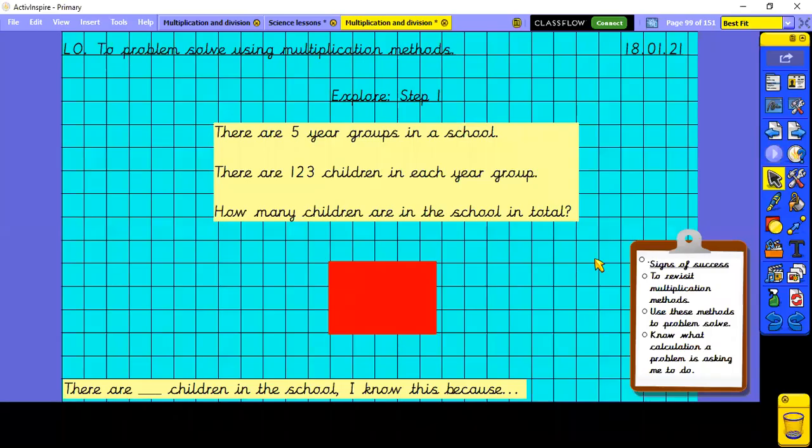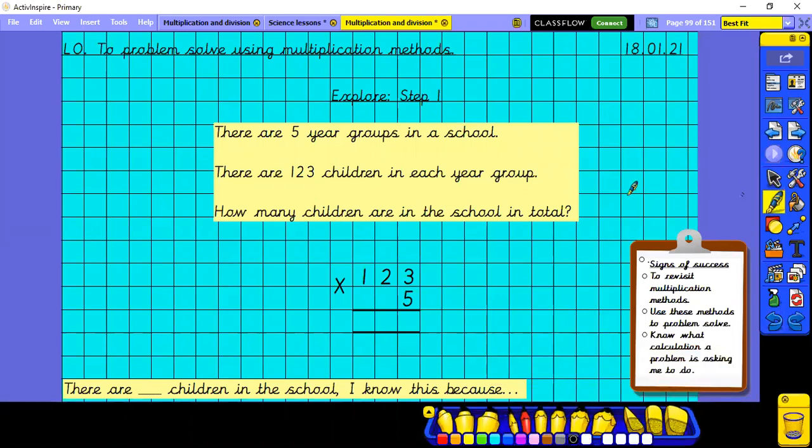Okay, well done everyone. So let's have a look at what we would do. Using column method, we need to multiply 123 by 5 to find our answer. So let's start in the ones column. 5 times 3 is 15. So our 5 goes here in the ones column and our 1 underneath in the tens. 5 times 2 is 10. Add our 1, that becomes 11.